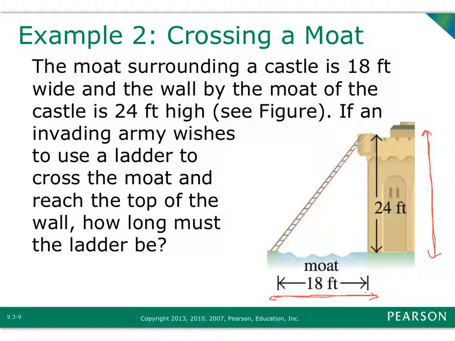Now we're trying to find the length of our ladder, C. So if this is A and this is B down here, then we know immediately we can use the Pythagorean theorem, and that's what we're going to do.